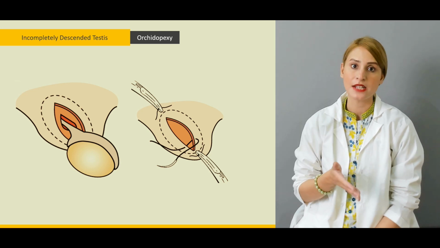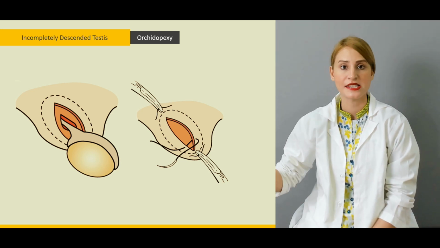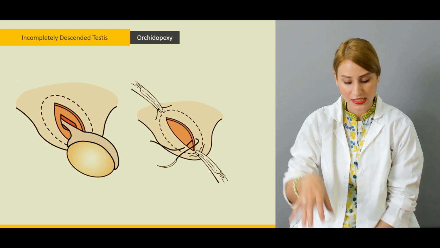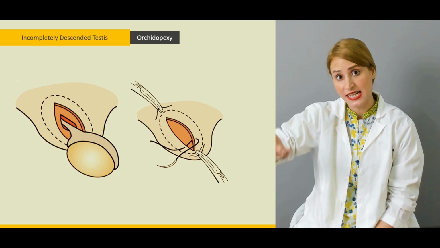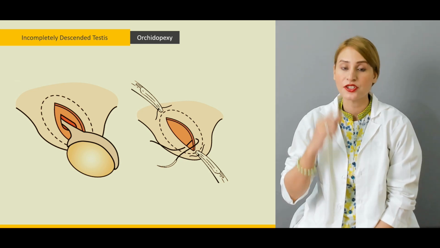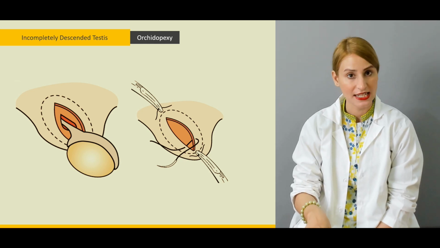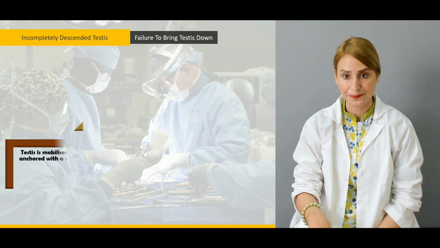After 6 months, you do the second-stage procedure, in which the testes are mobilized and fixed in the scrotum with a 3-plane dissection. You do the dissection in a fascial plane, and with the fascia of the scrotum, you fix the testes. You all have to remember this 2-stage procedure.